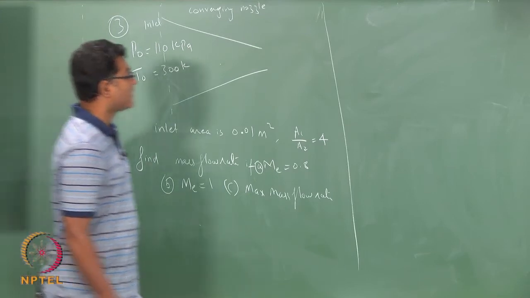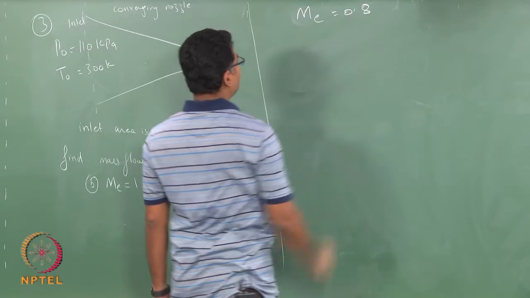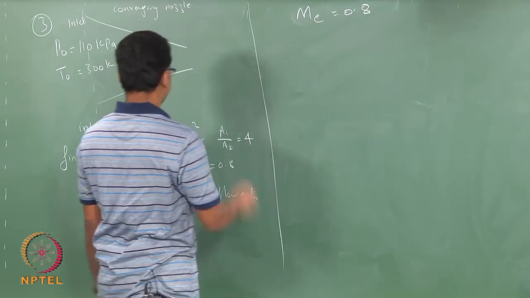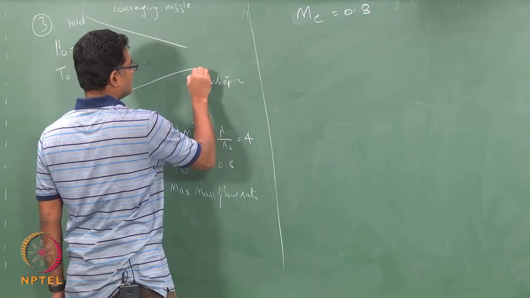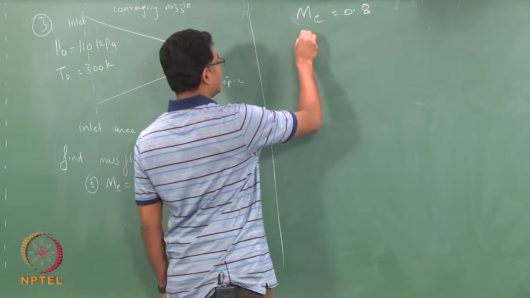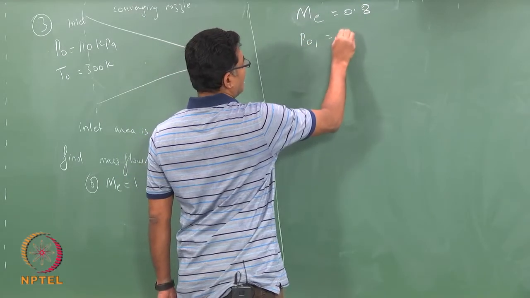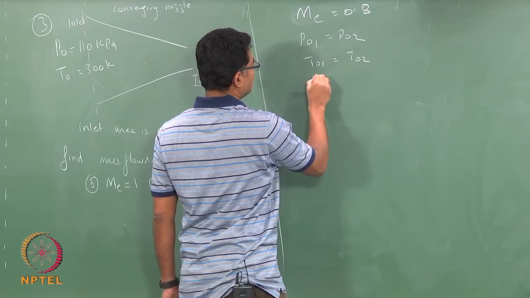Okay, so if your M exit is 0.8, assume isentropic as before, isentropic flow. So, the moment I write isentropic flow, I write these 3 equalities.